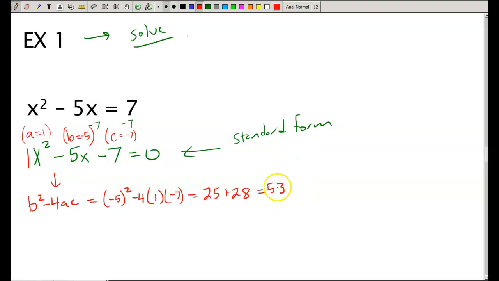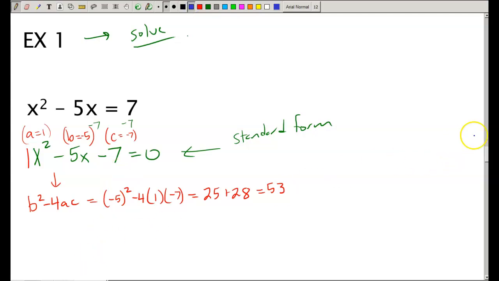That's going to be 53, the discriminant right there, which means, if you think back to the chart that we just made, that when we finish this problem, we are going to have two real numbered answers. Okay, and if we were to graph this quadratic with a y equals, then it would be crossing the x-axis in two places.